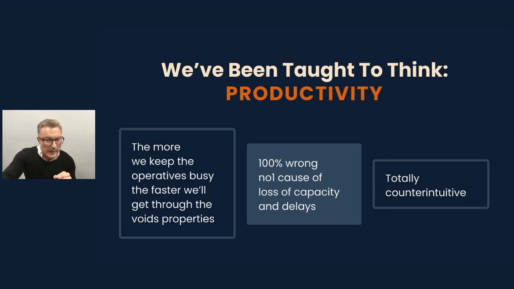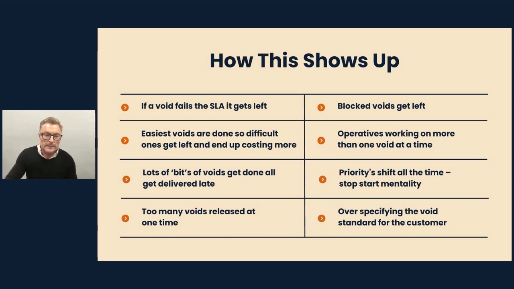Here's what's happening if we think keep the operatives busy. Well, number one, because we're thinking productivity and we're also using typically service level agreements, which by their very nature are arbitrary, do it in 5 days, 10 days, 15 days. There's no science there. It's just a number that we think would be a good number, right? Well, if something breaches the SLA, what we tend to find is it gets left.